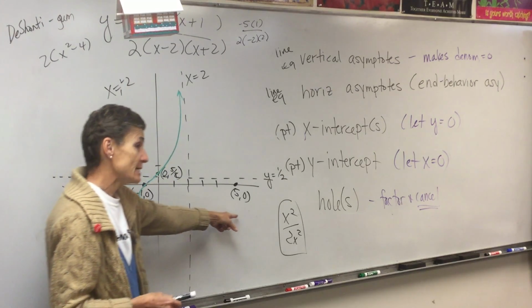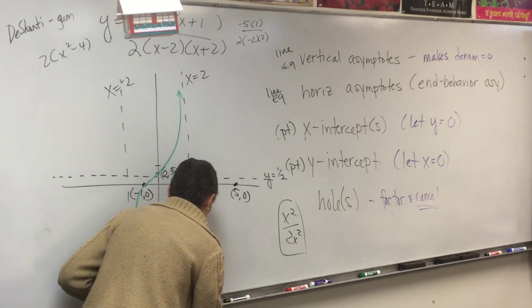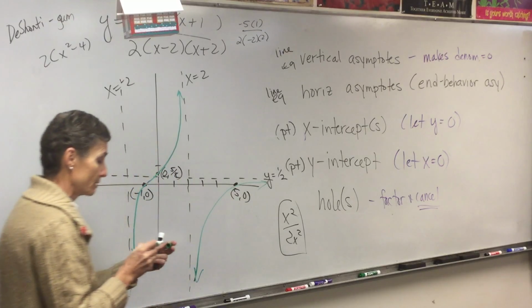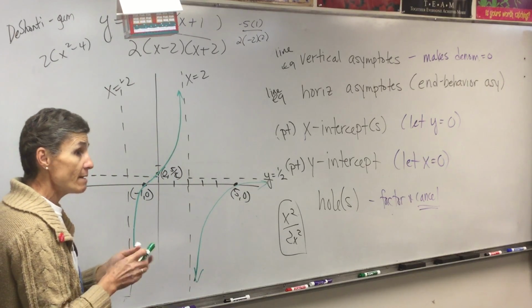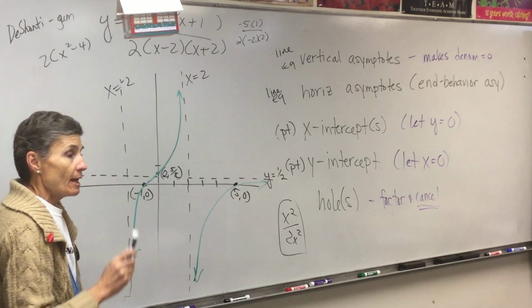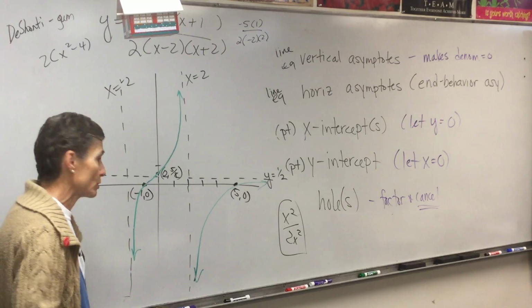Perfect. Any ideas what it looks like out here? Looks like a reciprocal function out here. It sure does. Just like that. Why? It can't do anything else. And that makes sense to me, and if it doesn't make sense to you, I'll try to explain it one more time.